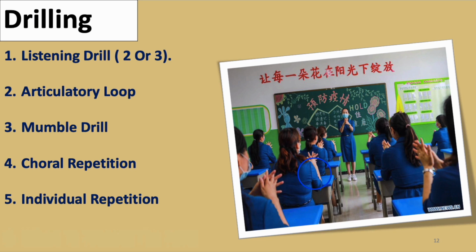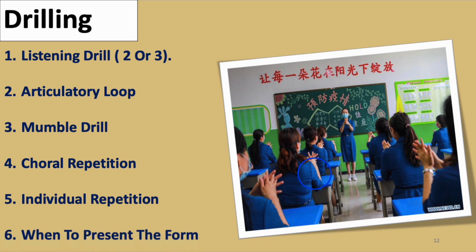We have 4 types of practicing. Number 1, we have articulatory loop. So it means that students will repeat the word just in their mind silently. Mumble drill. So the students will mumble the word that they have just learned. Or we have choral repetition, which means the whole class, or individual repetition.